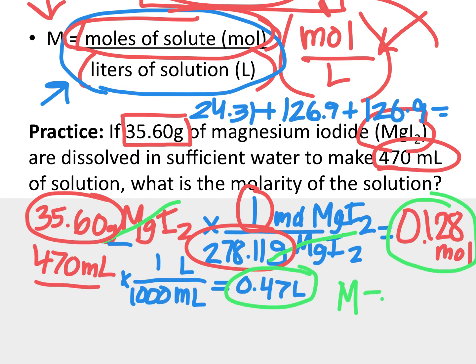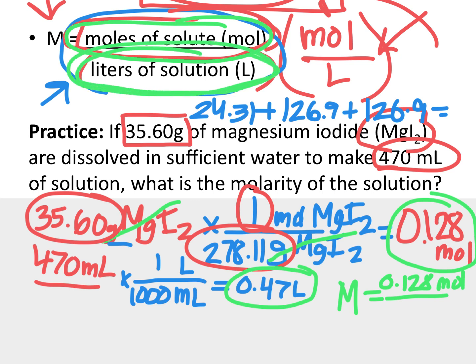Let's do our equation. Molarity is equal to moles of solute on top, 0.128 moles, divided by liters of solution on the bottom, which is 0.47 liters. When I divide those two, 0.128 divided by 0.47, the final answer I get is molarity equals 0.27, we'll say with rounding.